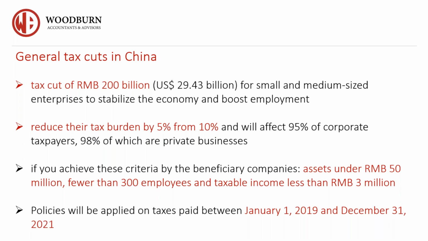Ultimately, the beneficiary companies need to have assets of under 50 million renminbi, fewer than 300 employees, and they have to have a taxable income of less than 3 million renminbi in China in order to be able to benefit from these new tax rates. In addition to that, the companies cannot be within sectors that are listed as non-restricted or non-prohibited.